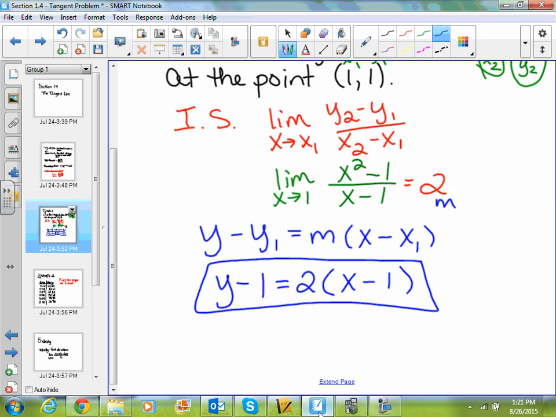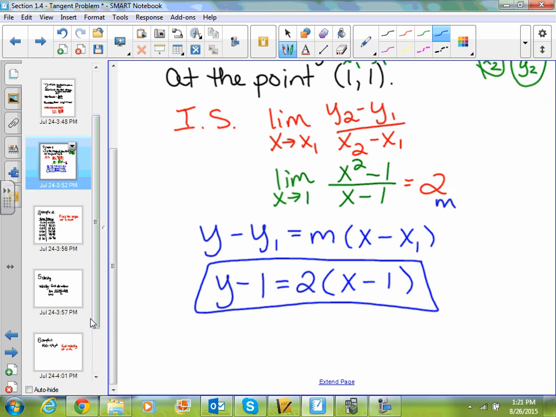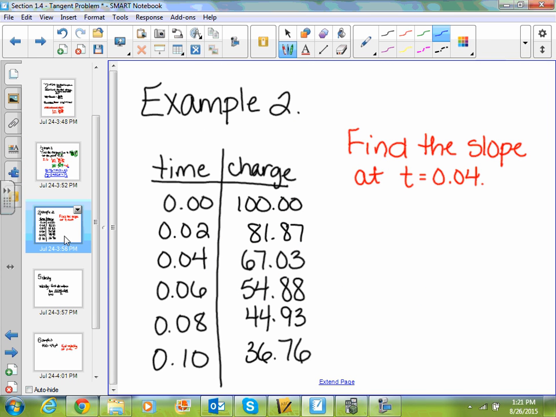You don't need to simplify it. Okay. So if you're given one point in an equation, that's how you do it.